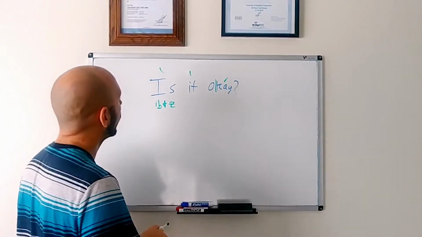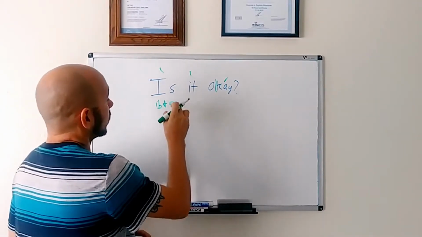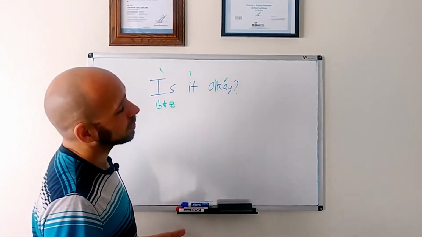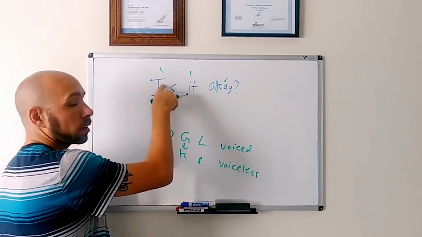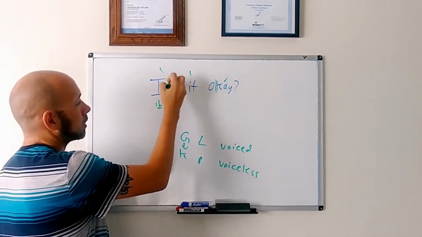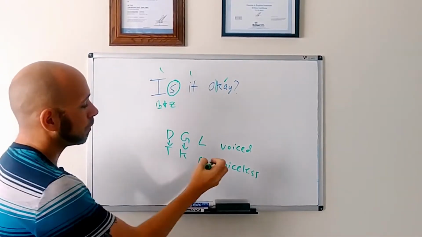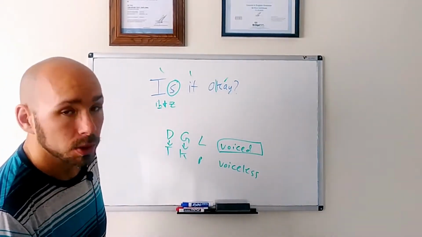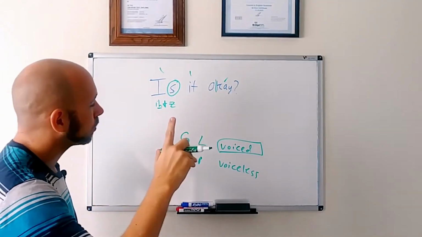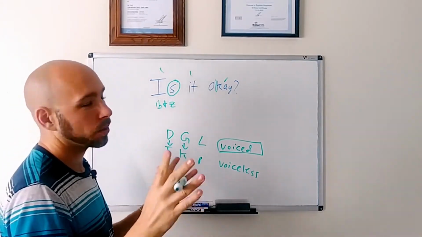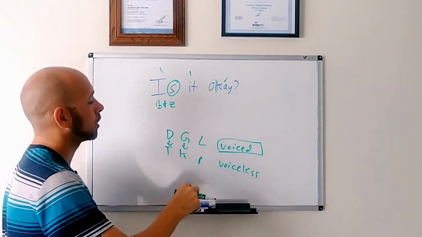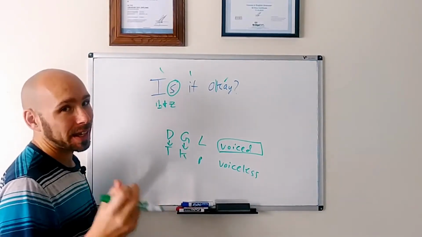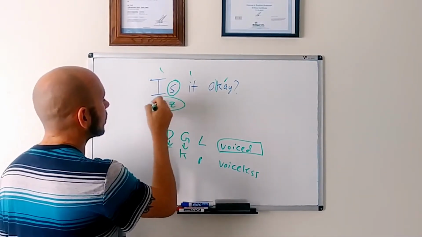So this is one of the big problems: the pronunciation of S at the end of a word. If the sound before the S at the end of a word is voiced, most of the time, not all the time, and remember, this is English, we don't have many 100% rules, this S will be pronounced as a Z, just as it is in this word.